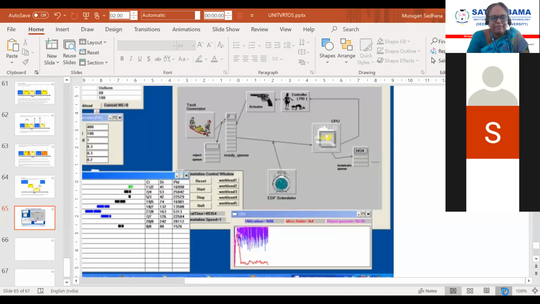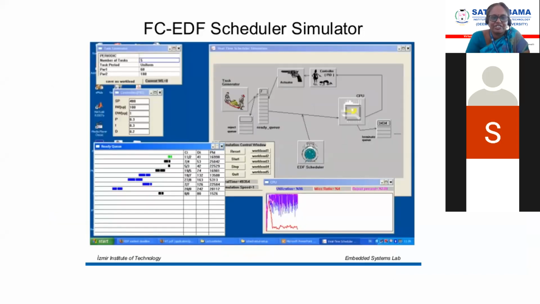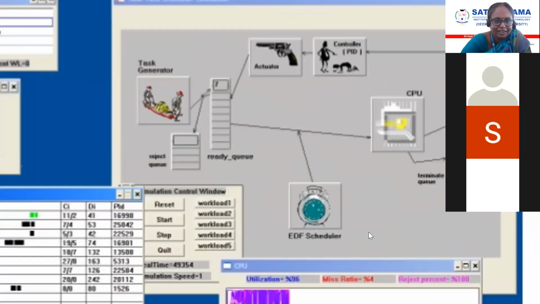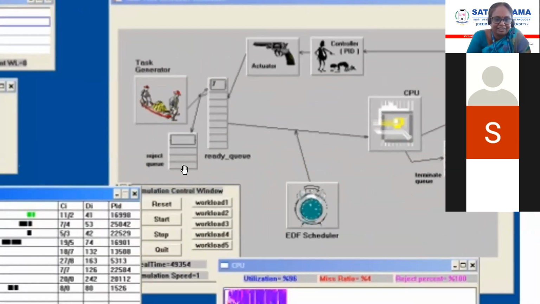So this is one image I have put for earliest deadline first. I think you have seen this figure well. Task generator: I can reject any task, or I can put my task in the queue. Okay, and this is my CPU, where I can keep the earliest deadline scheduler.